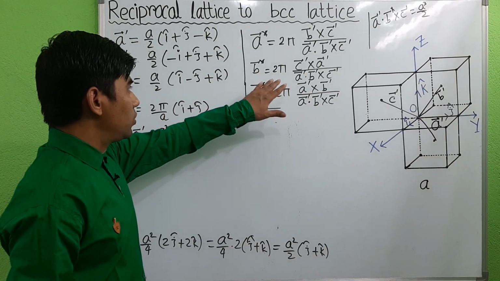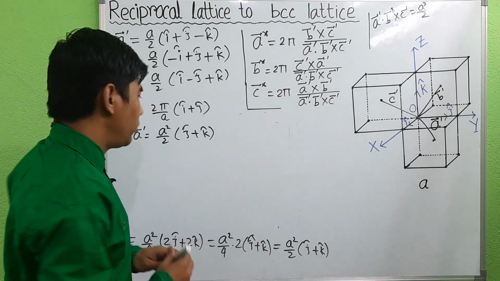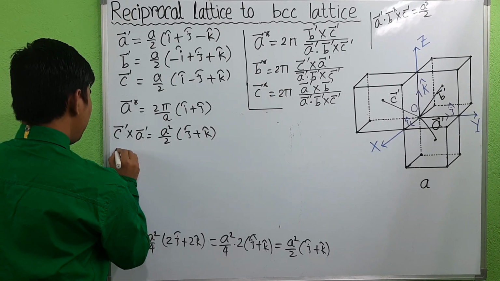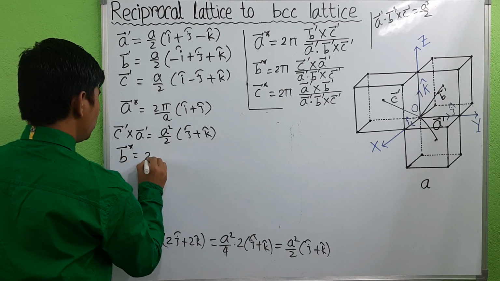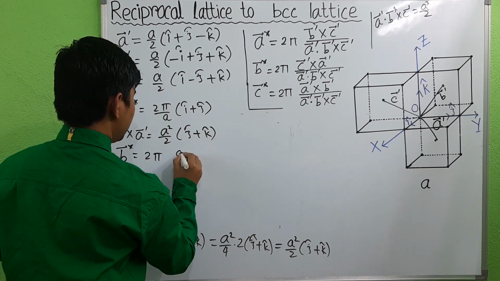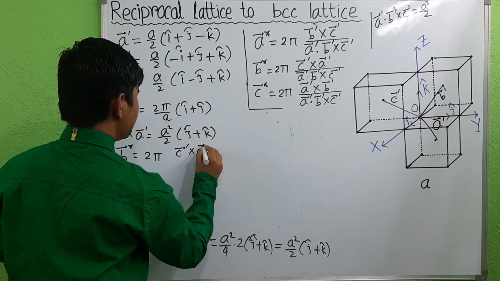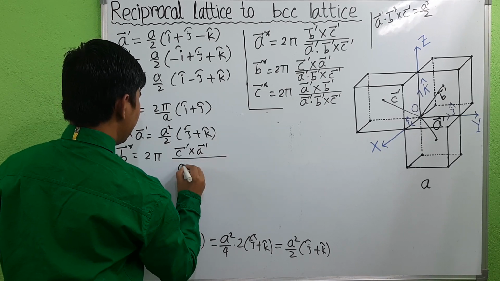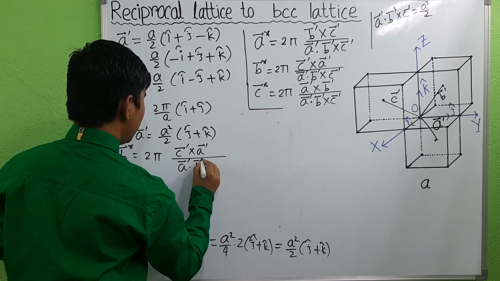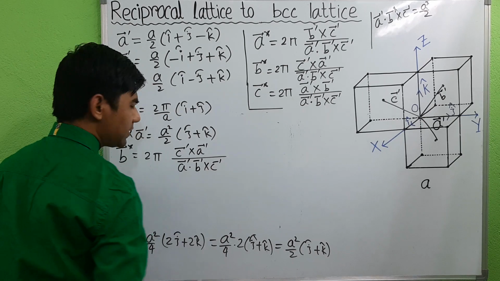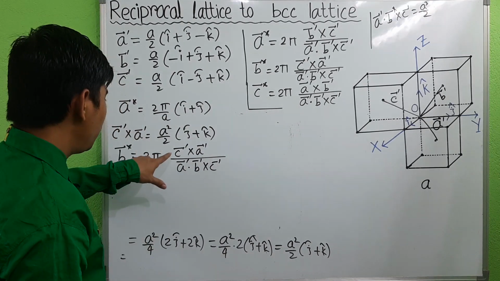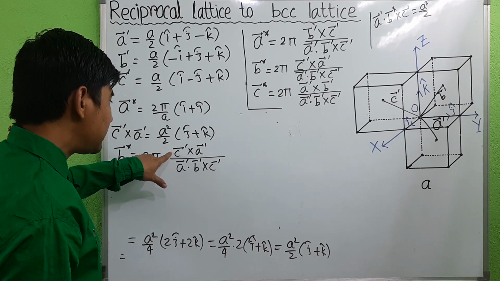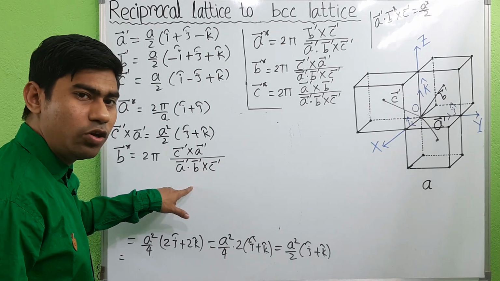So now we calculate b vector star. b vector star is equal to 2 pi times c dash cross a dash divided by a dash dot b dash cross c dash. Now here we put the value of this c dash cross a dash and this volume term.